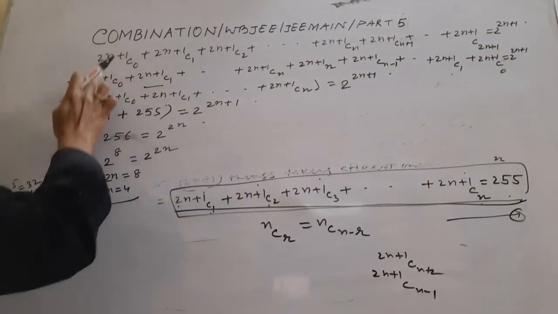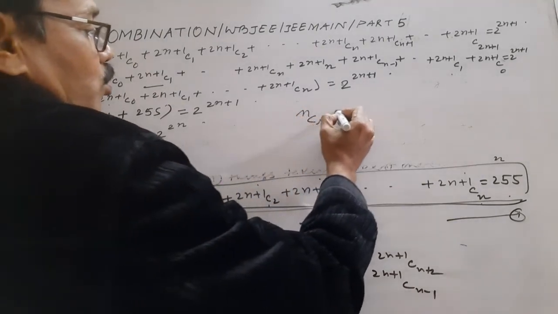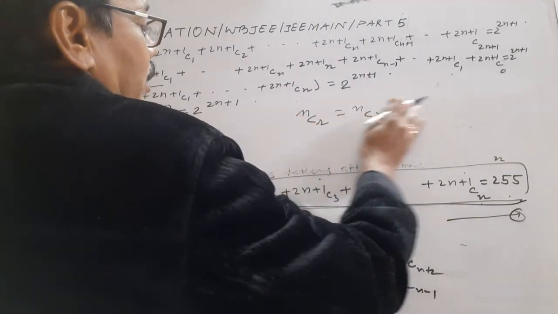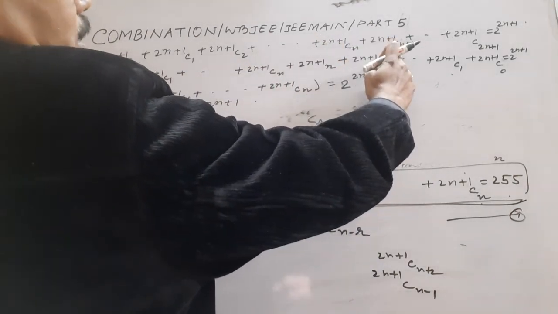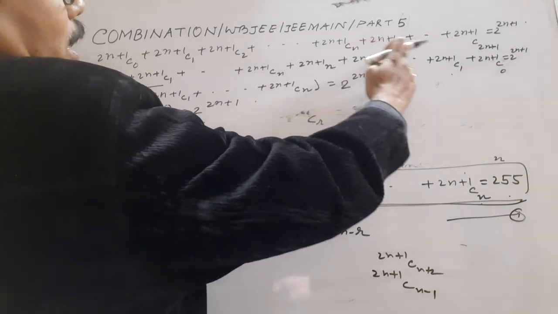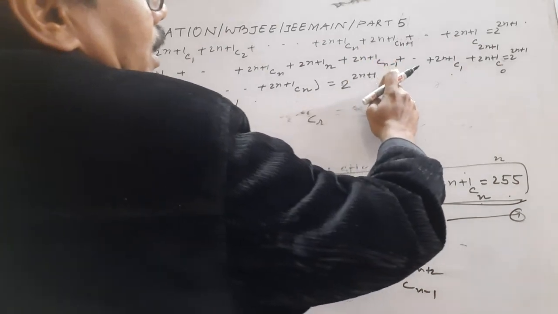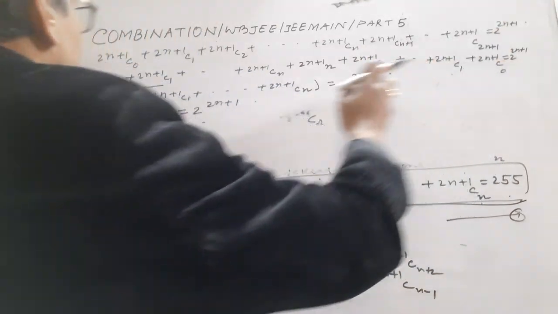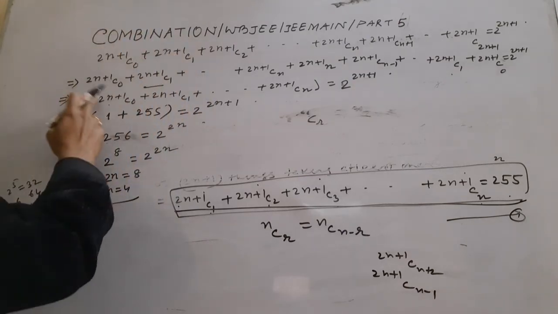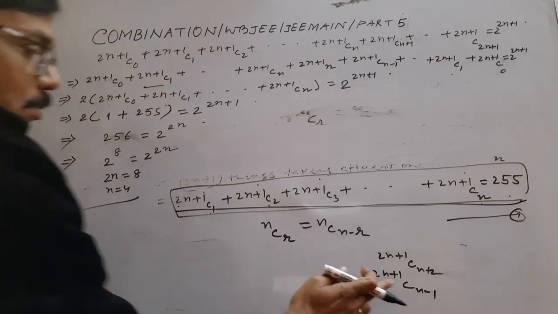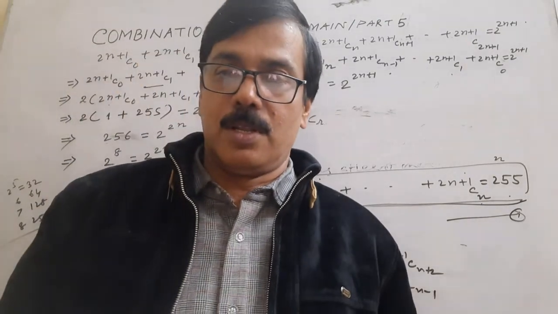Then using the complementary combination theorem, NCR equals NC(n minus R), up to this is unchanged, but for the rest, if you subtract, we get 2n plus 1 Cn, then 2n plus 1 C(n minus 1), and the last one is 2n plus 1 C0. We are getting all terms two times. So 2 common, put the values and you get n equals 4.